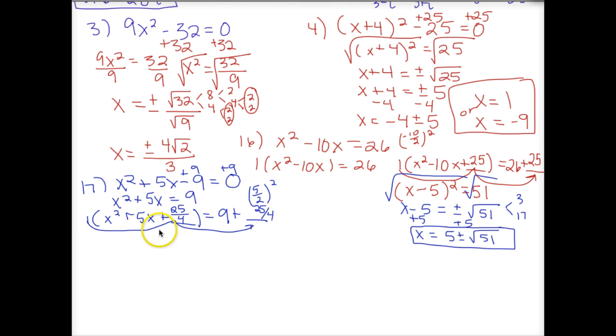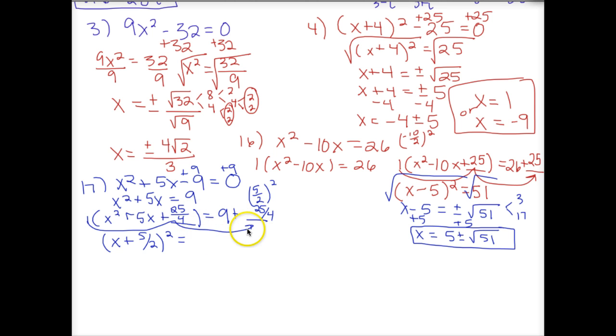So now factor as a PST. Just because it's a fraction doesn't mean we do it differently. Square root the front, sign of the middle, square root of the back, which is always your b divided by 2. So 5 halves squared equals 9 plus 25 over 4. You can add those by getting a common denominator.